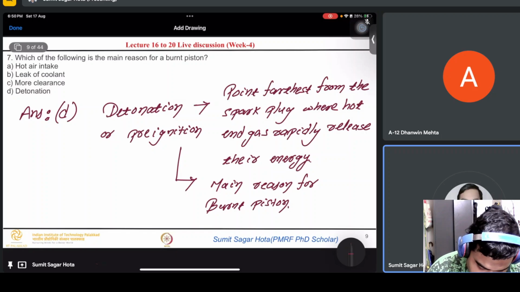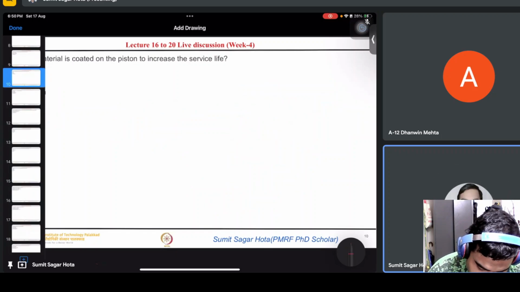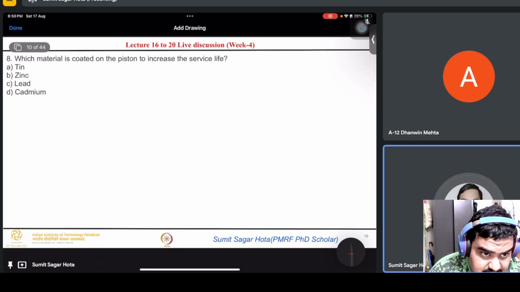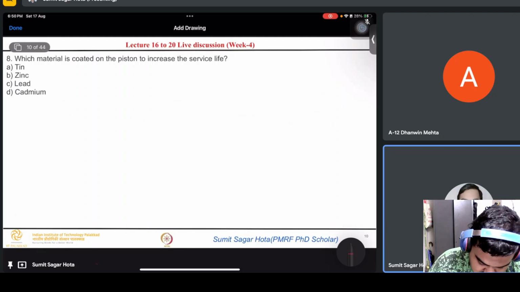Okay, let's go to the next one. Which material is coated on the piston to increase the service life? This is a very good question. A very commonly used coating is tin coating. Now why it's coated, that's the real question.